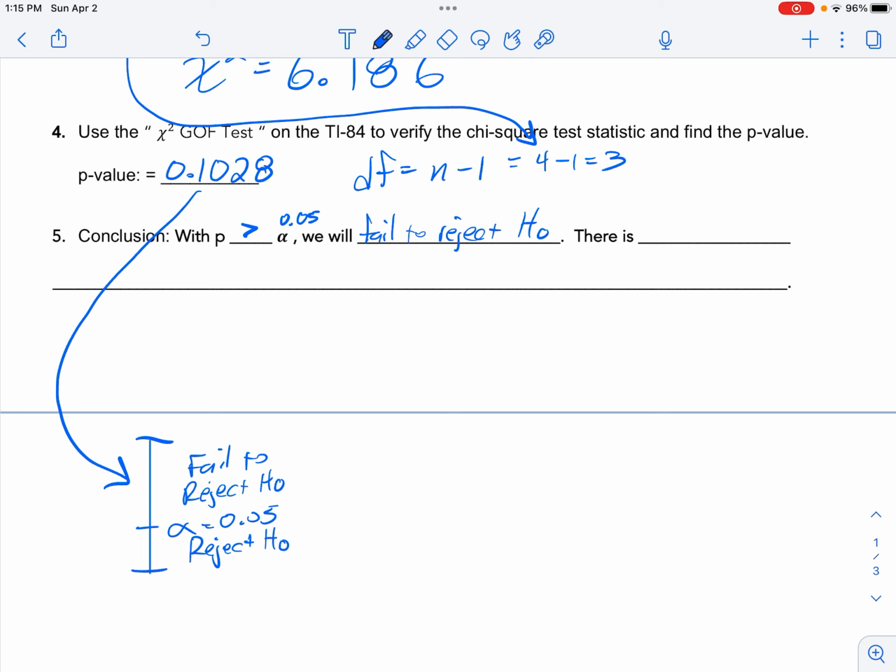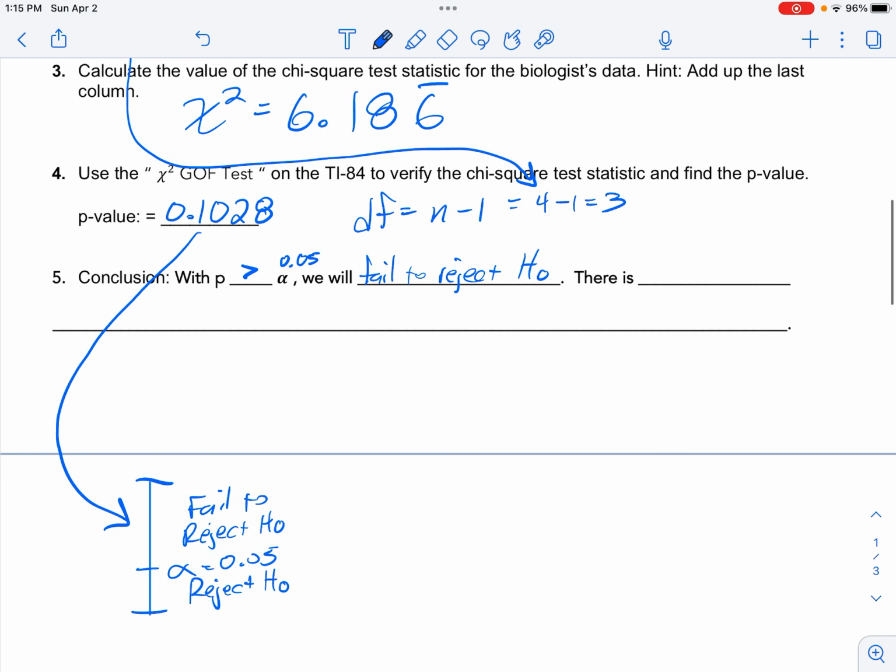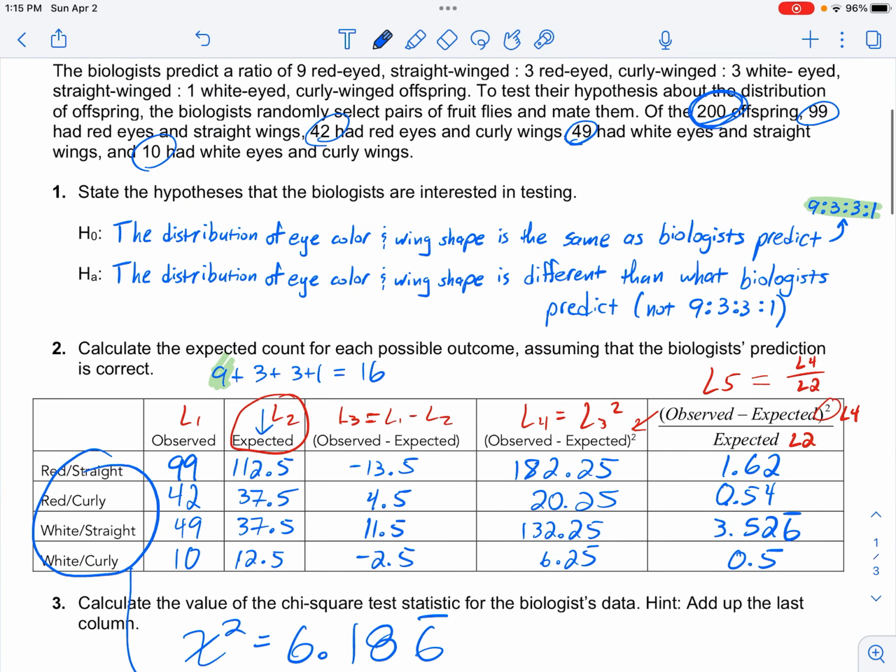So what does that mean? Well, essentially what that means is going back up here, we are not rejecting this. We more or less do not have enough evidence for HA. So I would kind of go, we don't have that evidence. I wouldn't say we have significant evidence that this is true.